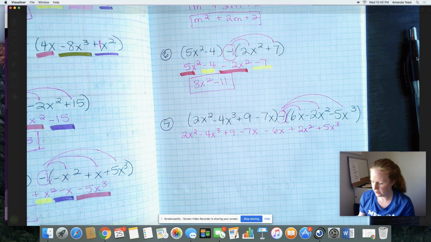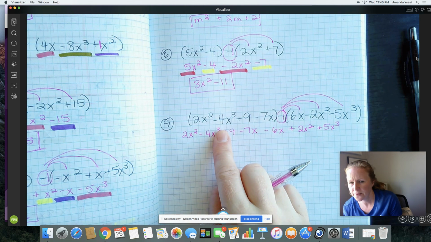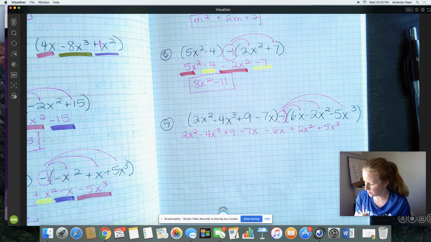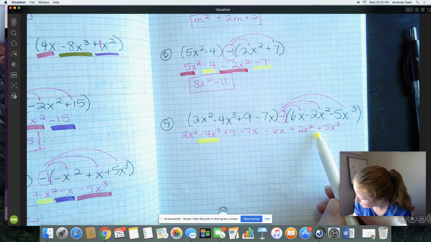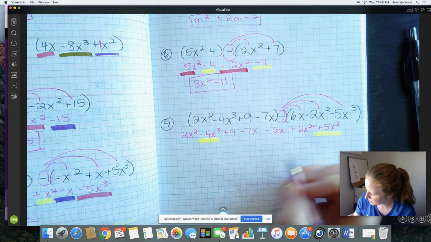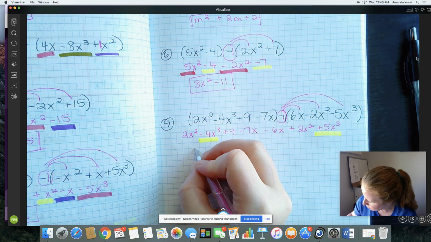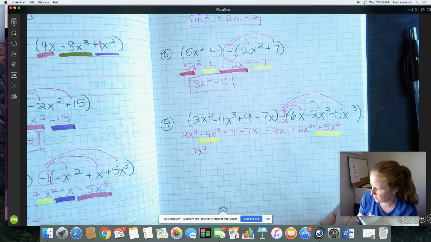All right, so my greatest exponent looks like it's the cube. Okay, so that's the one I want to do first. But you don't have to. You can come back and rearrange it after. But this usually helps. Negative 4 and a positive 5 is a 1x cubed, or just x cubed.